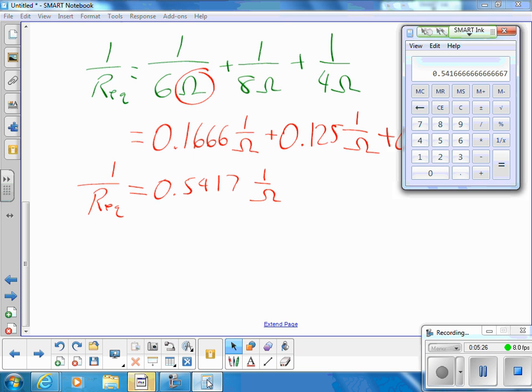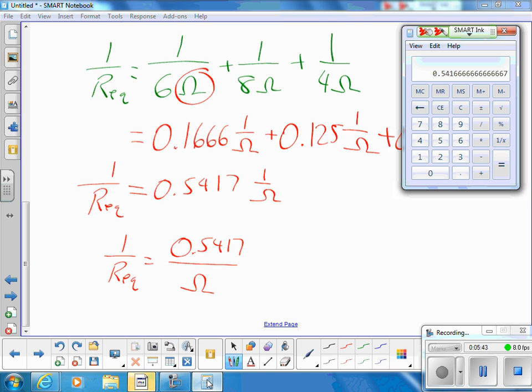All right. What I want is REQ. And so what I'm going to do is flip both sides, or if you want to look at this as 1 over REQ equals 0.5417 over ohms, you might want to look at this as a cross multiplication.